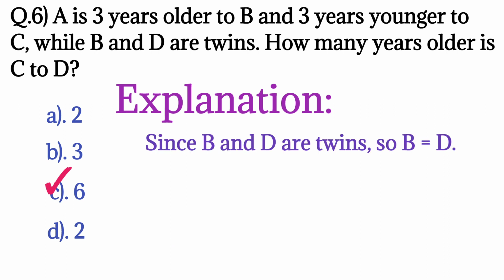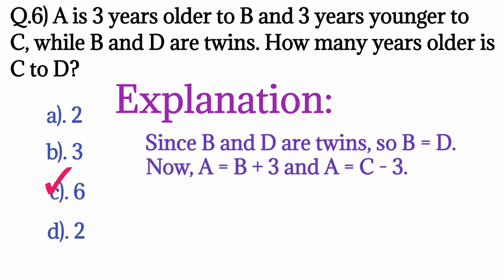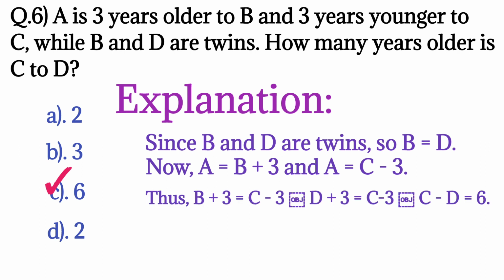Since B and D are twins, B is equal to D. Now A is equal to B plus 3 and A is equal to C minus 3. Thus B plus 3 is equal to C minus 3. D plus 3 is equal to C minus 3. C minus D is equal to 6.